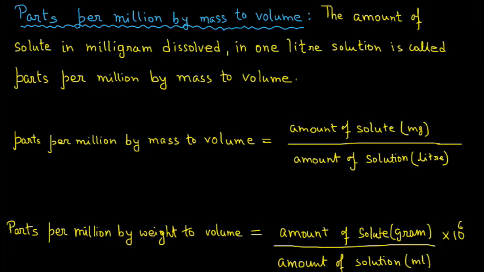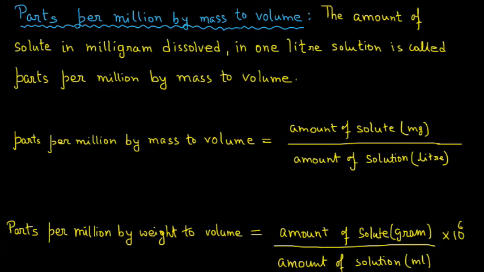The amount of solute in milligram dissolved in 1 liter of solution is called parts per million by mass to volume. According to the definition, it can be written as amount of solute in milligram upon amount of solution in liter.